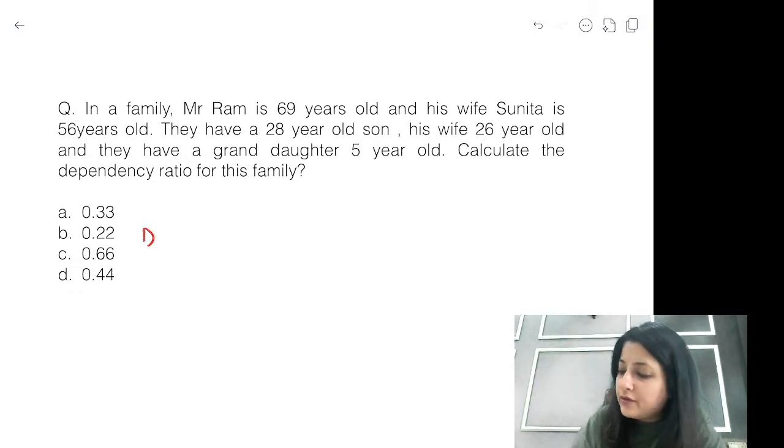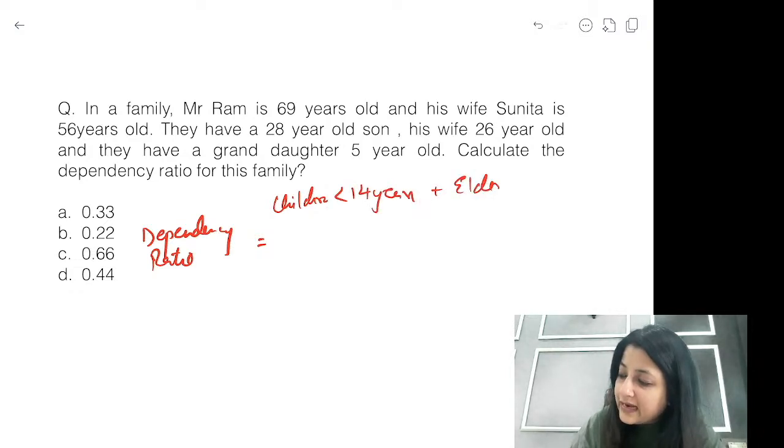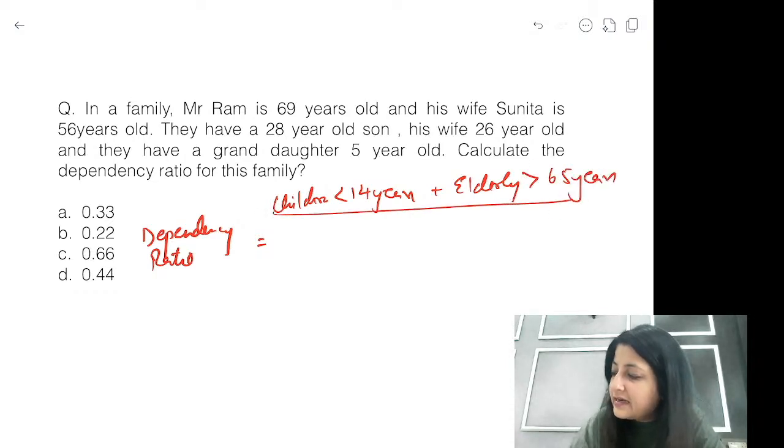Now, guys, I hope all of you remember who are the dependents. What is the dependency ratio, guys? It is nothing but children below 14 years plus elderly beyond 65 years. They are dependent on the working class or economically productive class, which is 15 to 64 years.